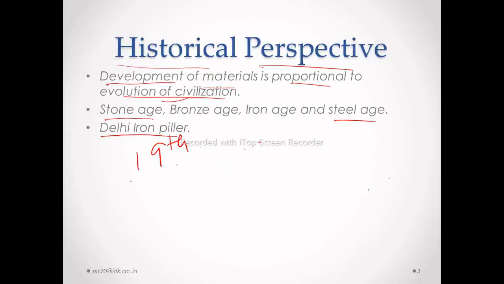In the late 19th century, Gibbs correlated the atomic structure with the properties of various phases with the help of thermodynamics.